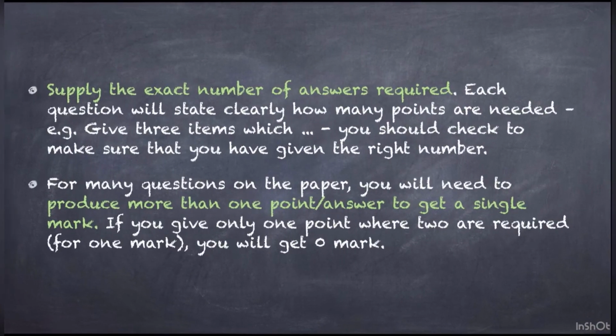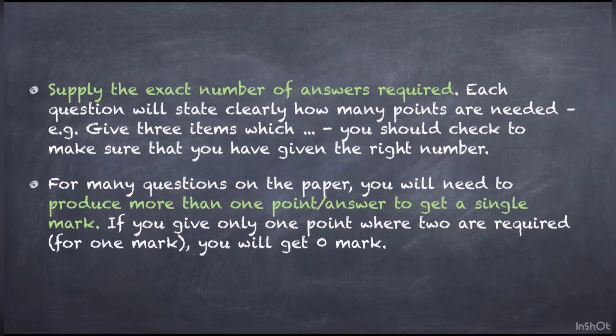Next, you need to supply the exact number of answers required. For each question, they will state clearly how many points are needed. Sometimes they will ask you to write 3 items. You need to make sure that you have given the right number of answers.